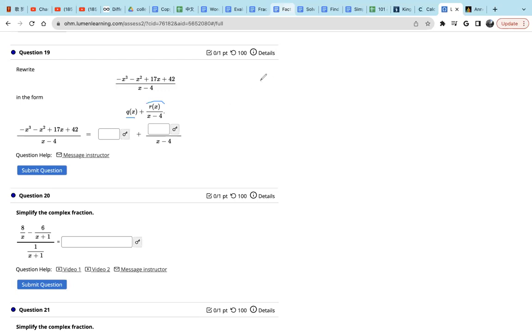Okay, let's perform a short division again. So the terms are lined up. I just need to write down the coefficients. -1 x cubed, -1 x squared, 17x, constant is 42, divided by x minus 4. So I write 4 here. The first step, I don't have to do anything, just write down this -1.